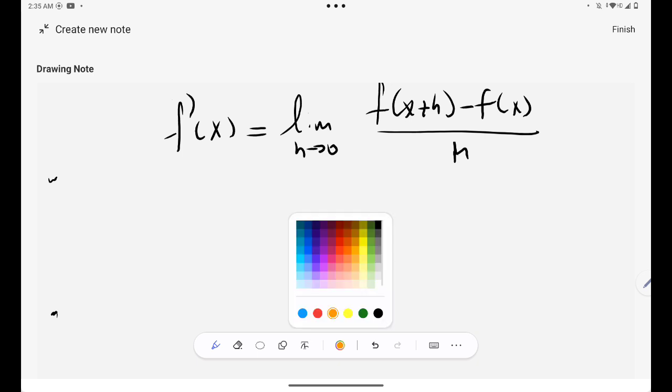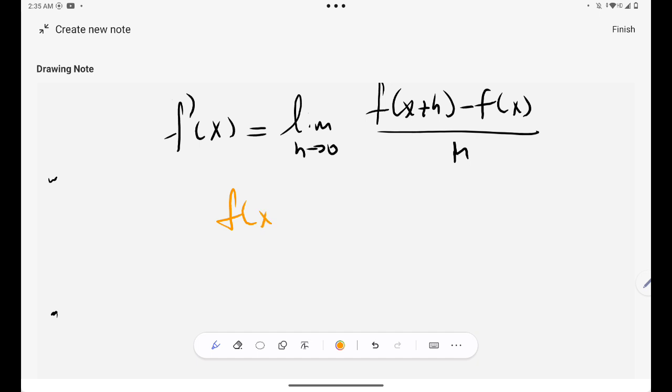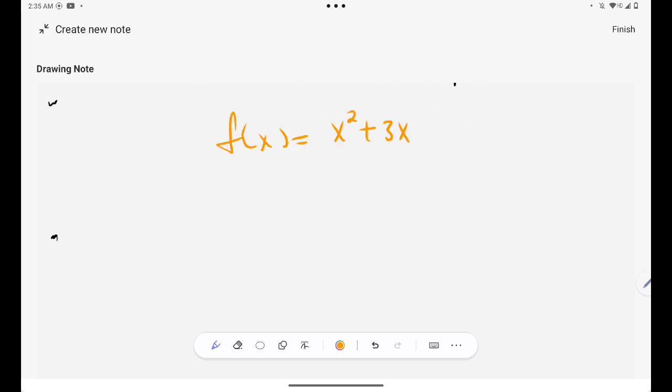So we always use this equation to find the derivative. If you have a situation like this, f of x is equal to x squared plus 3x, and I'm asked to find the derivative, I will use my equation.